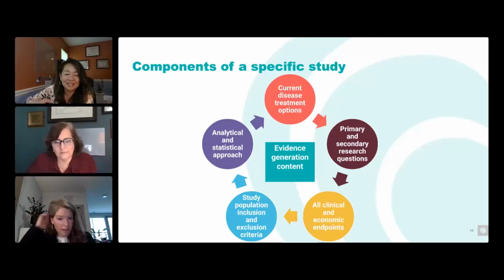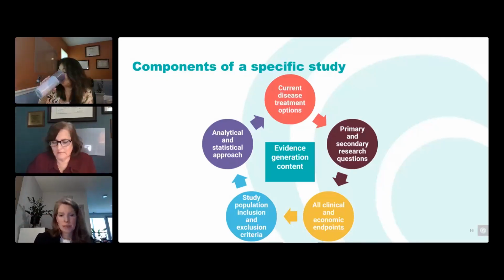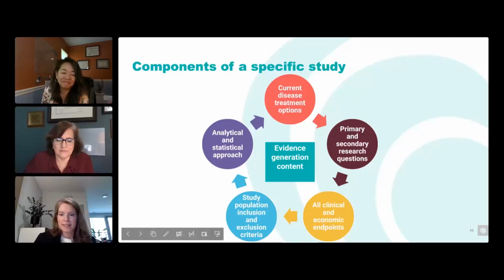I think just bringing it back to the unique role that medical affairs plays as well, a lot of times the skill sets within medical affairs teams also really lend themselves nicely to helping prioritize those research questions, coming up with the study designs, being the epidemiologist in the room, which is why we're proposing medical affairs can actually lead this. 100%.